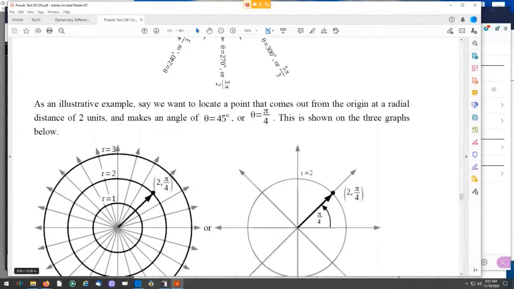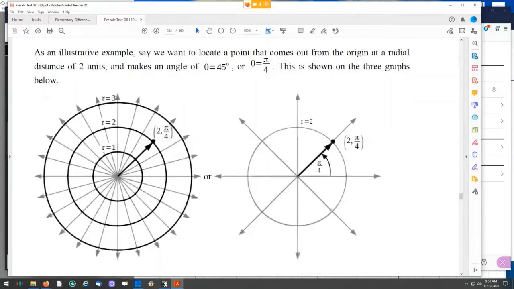I specify from the center, R has a radius 2, and I go up 45 degrees, and that's my point. And how am I going to represent it? Well, instead of X, Y, I'm going to represent that as R, theta. So that's the difference. Instead of X and Y, I'm going to be using the radius R and the angle that I am changing from the horizontal. Okay, so that's that point.